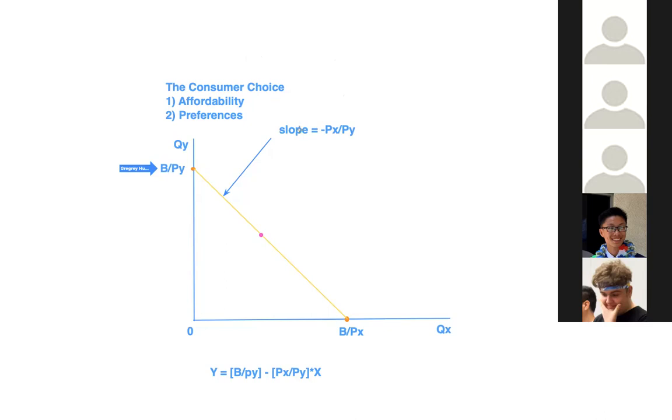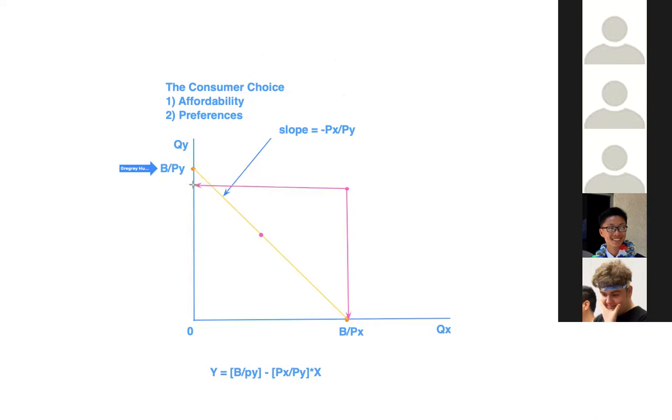So if I put a little point out here, and I'm just going to draw this really quickly, the address of that gives me an amount of X and an amount of Y. Do you see what I'm talking about?